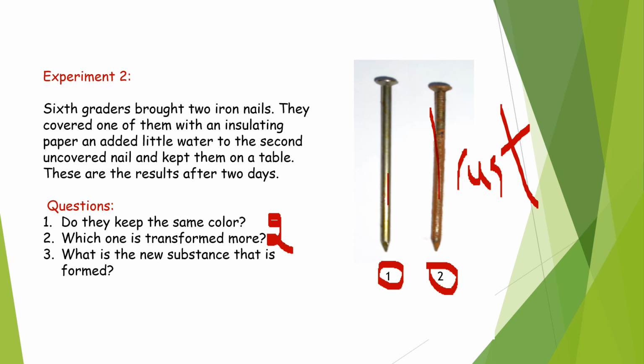So here also we can say that there's a transformation in the shape and in the color because the iron nail was oxidized also. Oxidized in order to rust. Oxidized means that this iron nail reacts with oxygen in order to give the new substance that is rust.